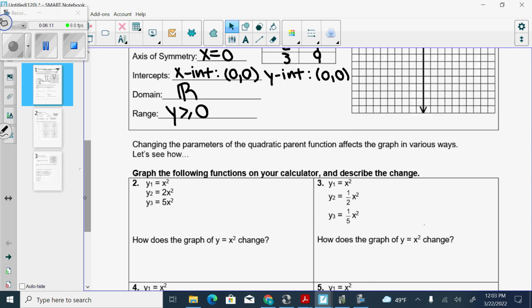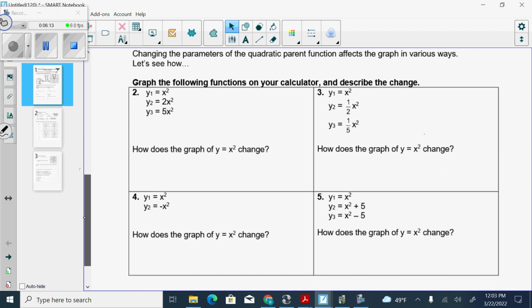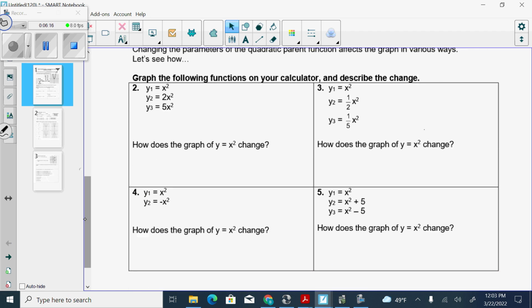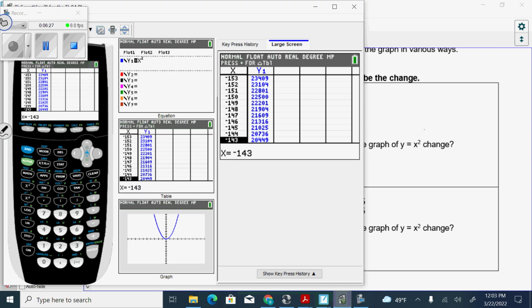Okay, so it says we're going to graph these functions in our calculator. On number 2, it says what I'm going to put in y1, y2, and y3. So I'm going to go in my graphing calculator, go to y equals.